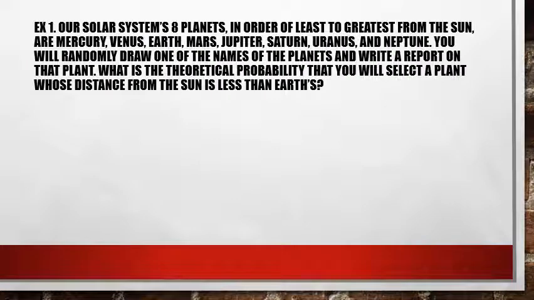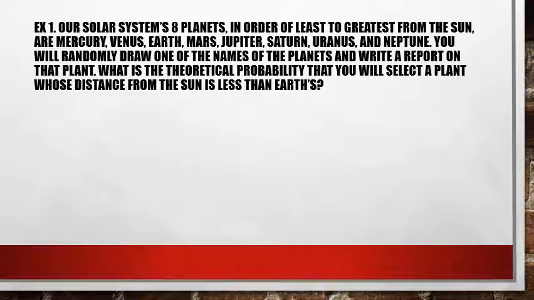Alright, our next example says our solar system has 8 planets. In order from least to greatest distance from the Sun, they are Mercury, Venus, Earth, Mars, Jupiter, Saturn, Uranus, and Neptune. You will randomly draw one name of the planets and write a report on this planet.